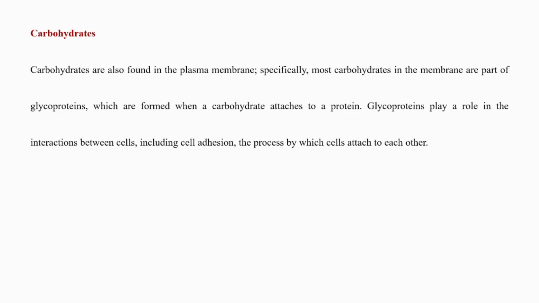The plasma membrane also has carbohydrates. These carbohydrates are an essential component of plasma membrane, and carbohydrates in the membrane are part of glycoprotein, which we had already seen in the structure, formed when carbohydrate attaches to the protein. The carbohydrate and protein come together to form a glycoprotein.